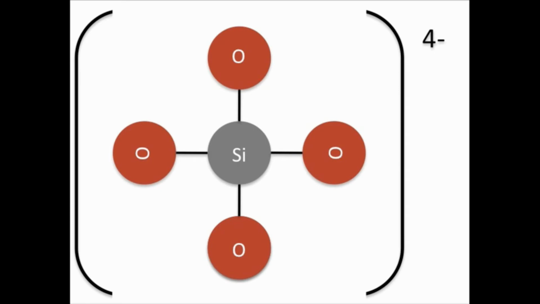So times 4 oxygens is -8. Well, the silicon will be +4. It'll get rid of 4 electrons. And then everybody's happy there. And it turns out it's very similar to the methane. This silicon, by the way, this is called silica, this here, and it's a silica ion here.